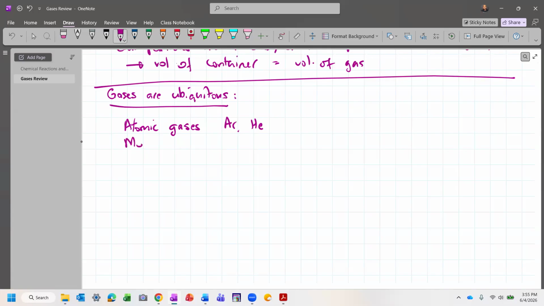We can have gases that are made up of molecules, for example oxygen, a diatomic molecule, or the carbon dioxide gas that you're breathing out. Those are examples of some of the more common gases that we're going to encounter.